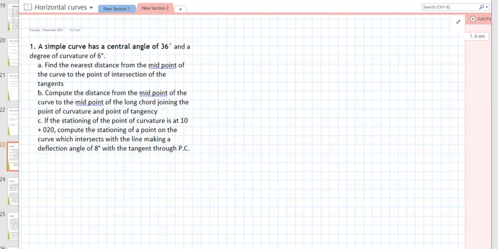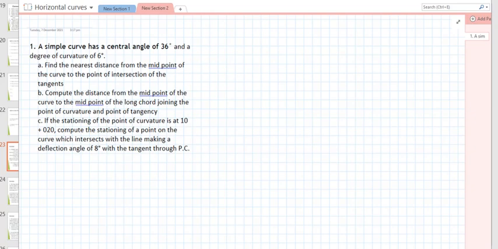For letter B, compute the distance from the midpoint of the curve to the midpoint of the long chord joining the point of curvature and point of tangency. And letter C, if the stationing of the point of curvature is at 10 plus 0.20, compute the stationing of a point on the curve which intersects with the line making a deflection angle of 8 degrees with the tangent through PC.